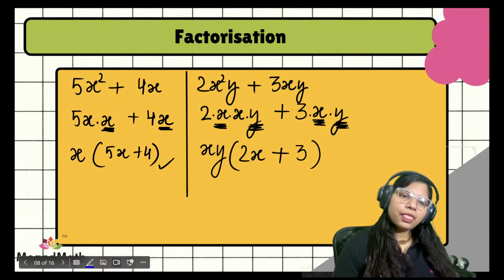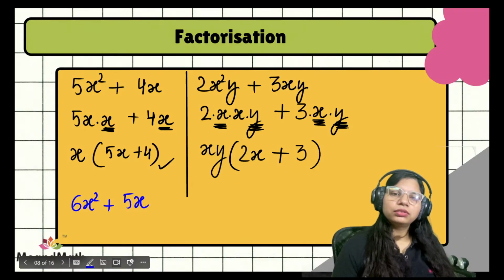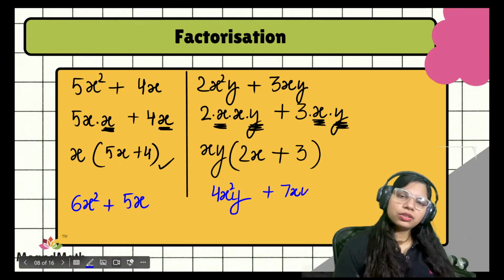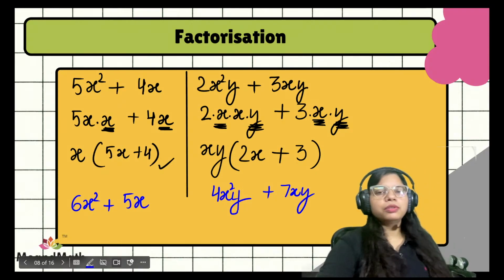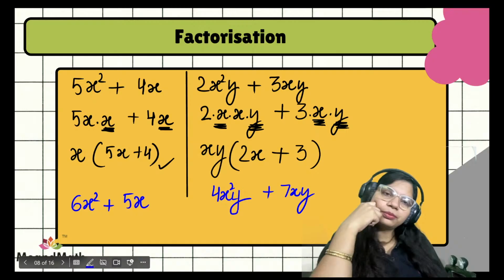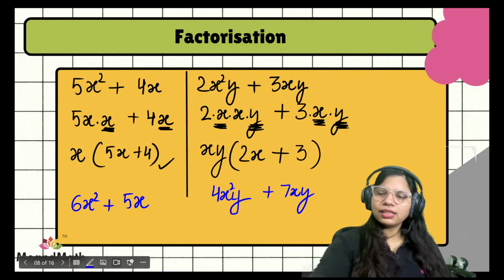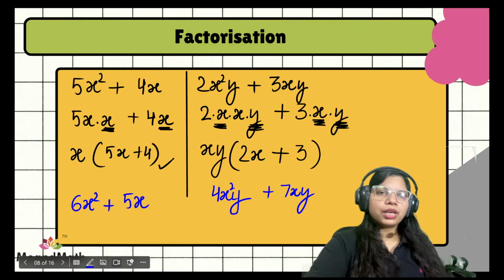If I say 6x squared plus 5x, you try this. And 4x squared y plus 7xy. Try the things written in blue. Just 20 seconds, max to max, and tell me what you get.